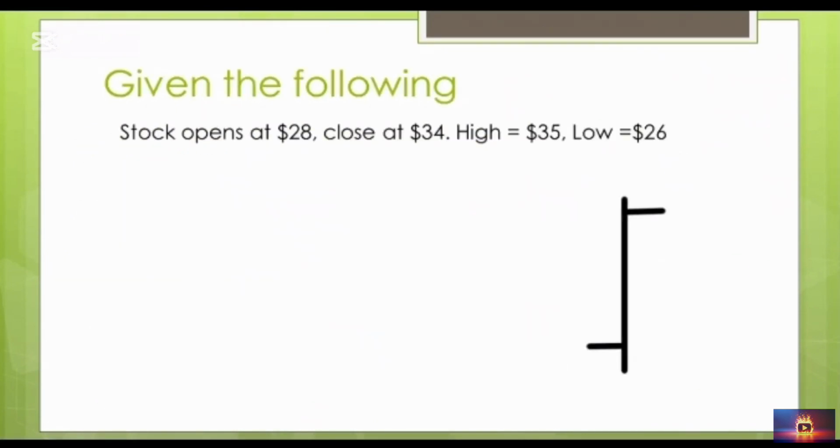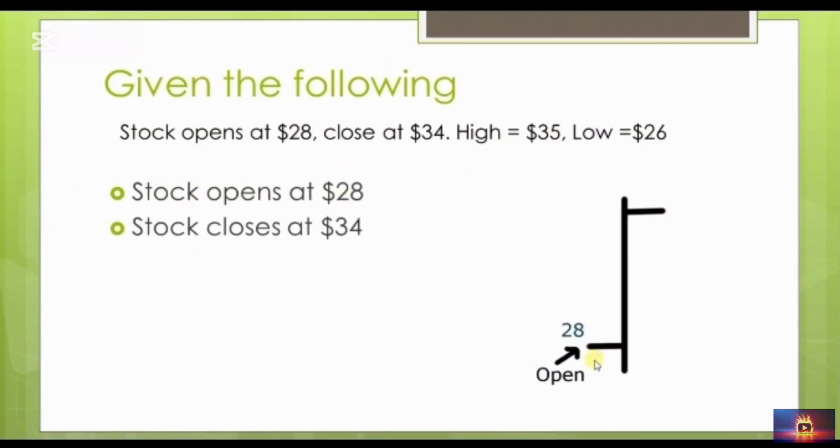Let's say you're given the following information. The stock opens at $28, closes at $34, it has a high of $35, and the lowest is $26. So how will this information be represented on a bar chart? Well, we know that the stock will open at $28. So your left horizontal line will show your opening price. So here will show $28. And the stock closes at $34.